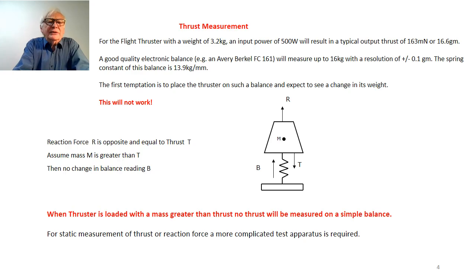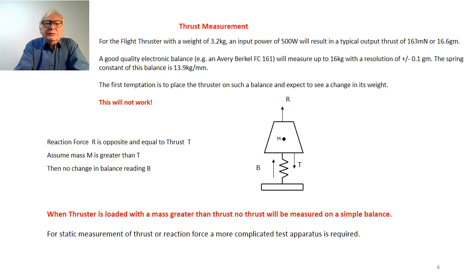And for this balance, the spring constant is 13.9 kilograms per millimeter. So this is the amount of movement that the balance pan will make for a given load on it, 13.9 kilograms per millimeter.